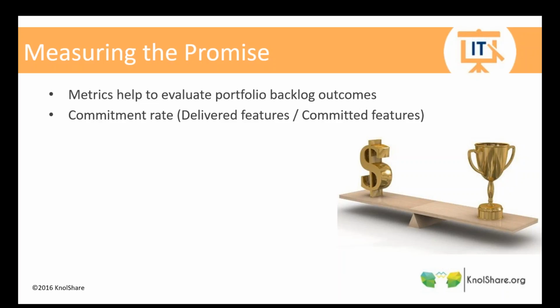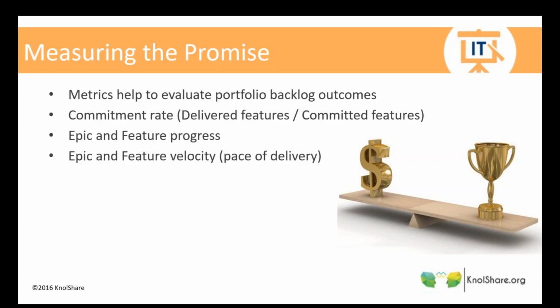This is one way that we begin to understand whether we are really aligning in the organization. Is everyone on board? And this helps to let us know where we are. But additionally, we have epic and feature progress, which is just another chart that shows us exactly how we're progressing over time.